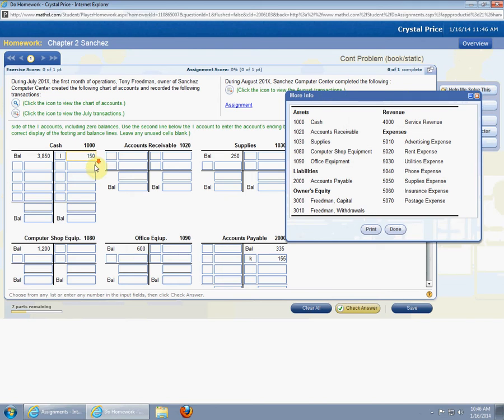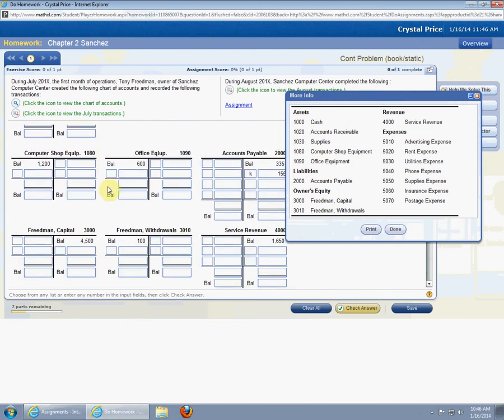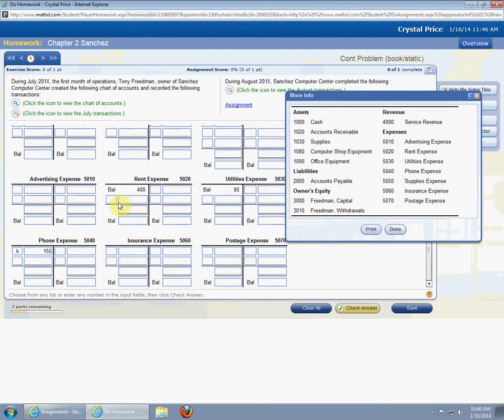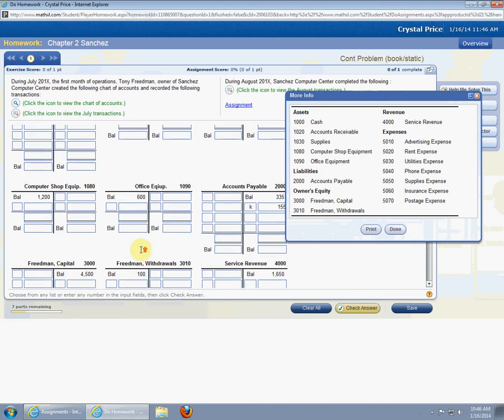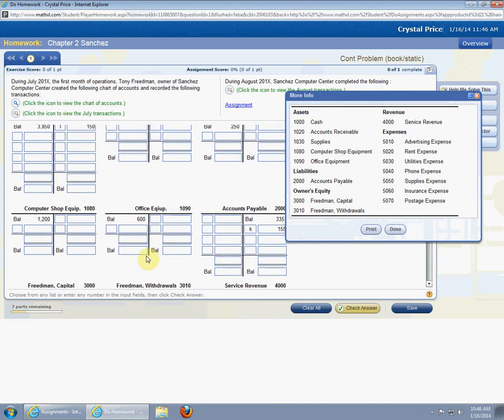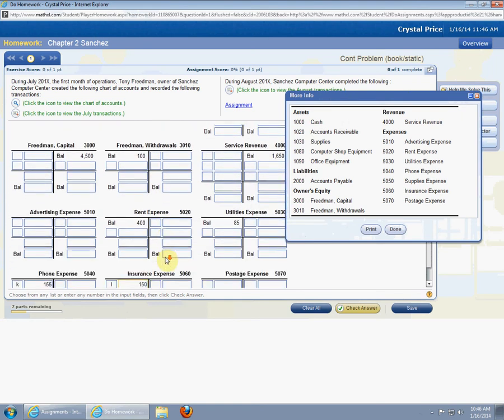Then we need to go to the insurance account. It's on the debit side. We're going to put an L, $150. Always when you finish, make sure you have one debit and you have one credit. One debit and one credit.